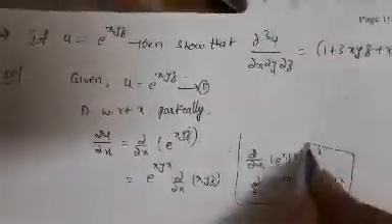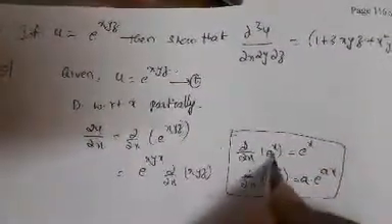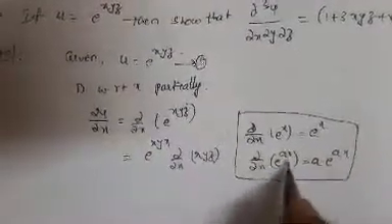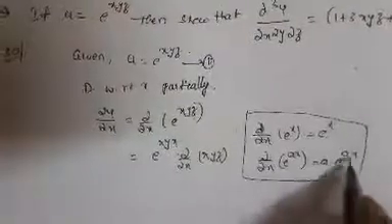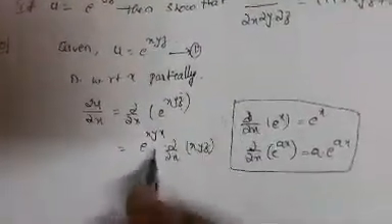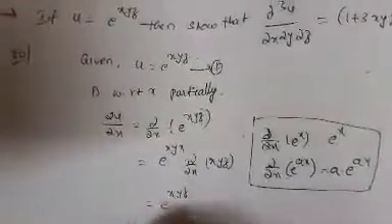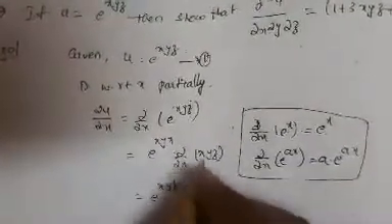These are the formulas: ∂/∂x of e power x equal to e power x, and ∂/∂x of e power ax equal to a into e power ax. So e power xyz into ∂/∂x of xyz.